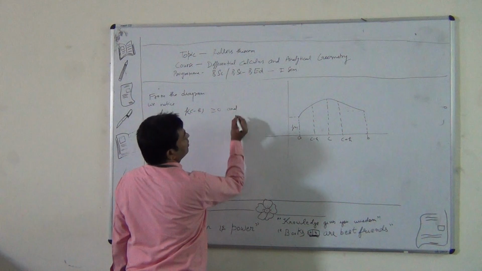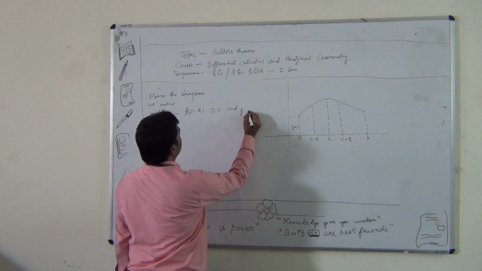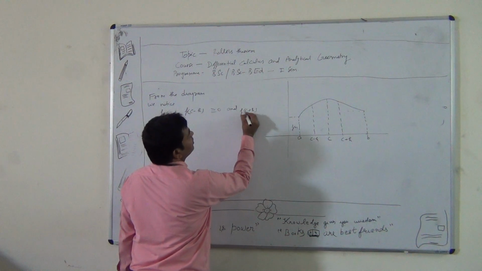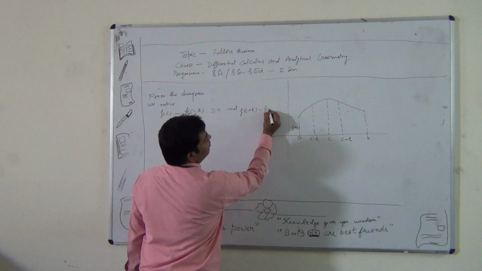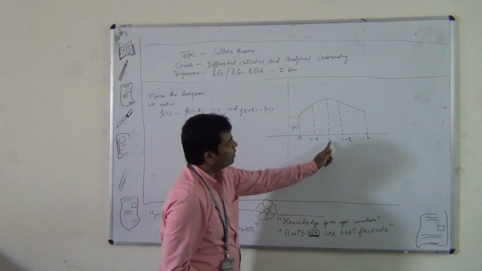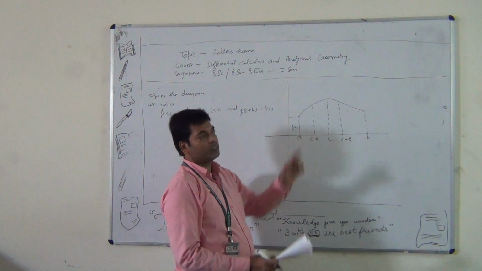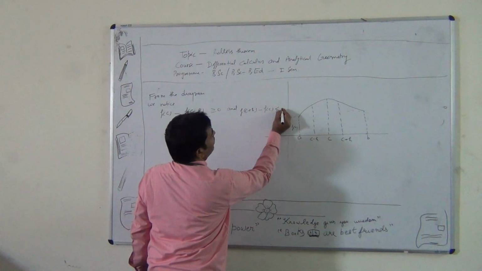And f(C plus h) minus f(C), where f(C) is greater and f(C plus h) is less, will be less than 0.